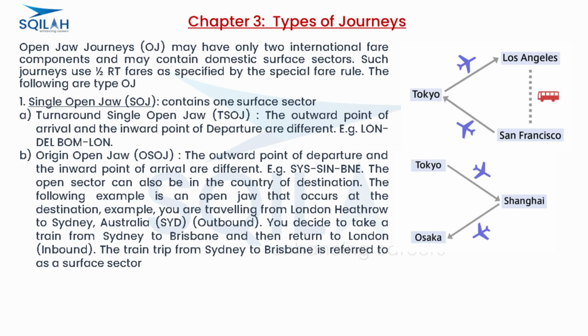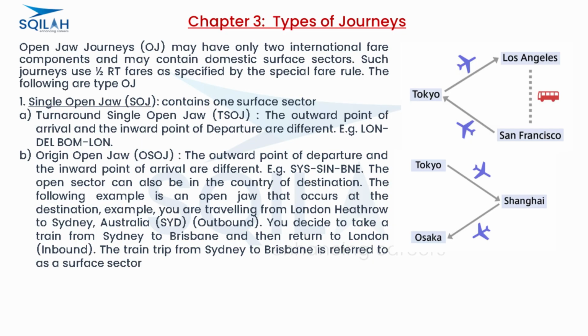Example, LON, DEL, BOM, LON. B. Origin open jaw, OSOJ. The outward point of departure and the inward point of arrival are different. Example, SYD, SIN, BNE.